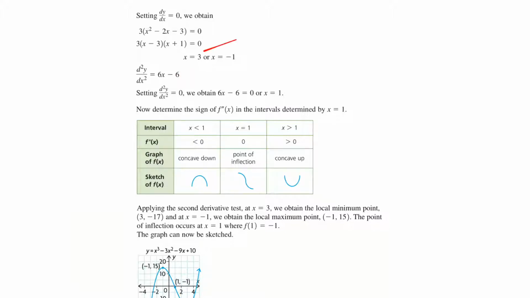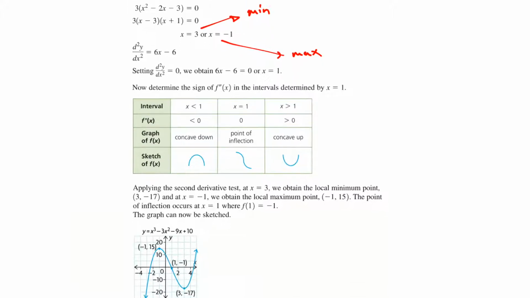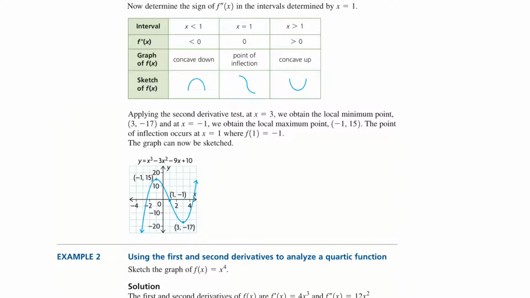Therefore, x equals 3 corresponds to a local minimum and x equals negative 1 to a local maximum. Concavity changes at 1. By drawing the sign chart we see that before 1, the function is concave down since the second derivative is negative, and when x is more than 1, it is concave up because the second derivative is positive.